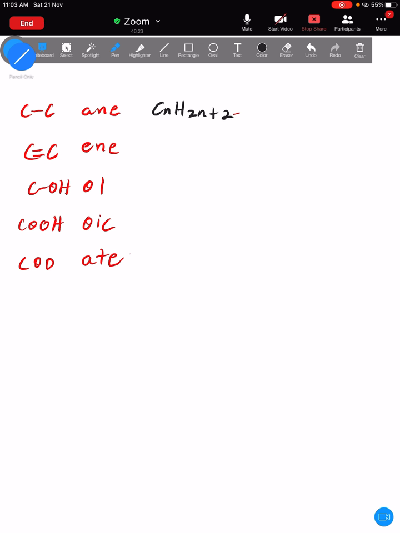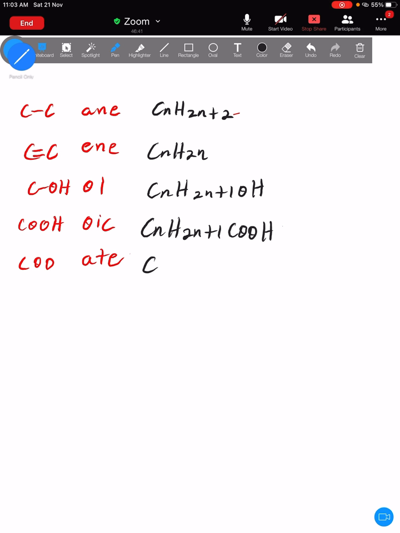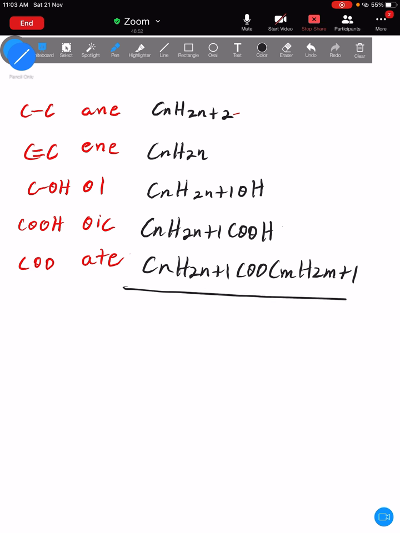This is the general formula. CnH2n. CnH2n plus 1 OH. CnH2n plus 1 COOH. CnH2n plus 1 COO. CmH2m plus 1. Bingo. You must remember those things.